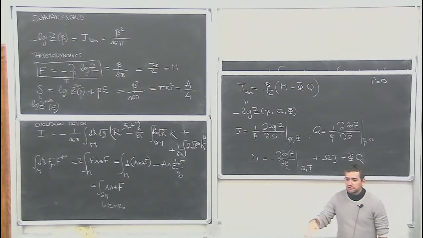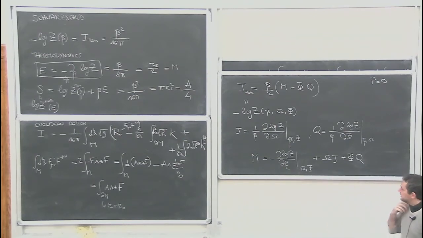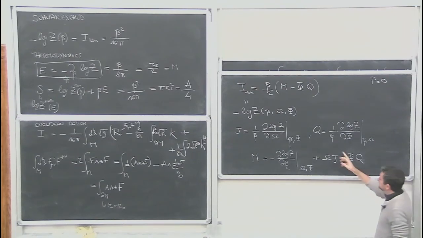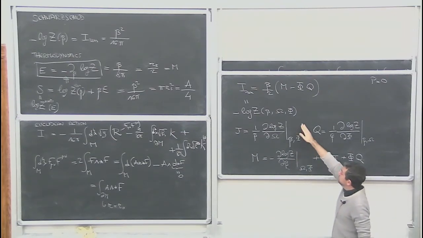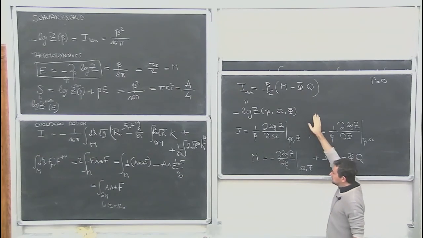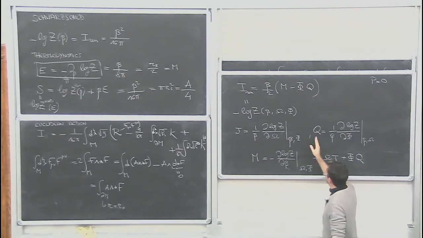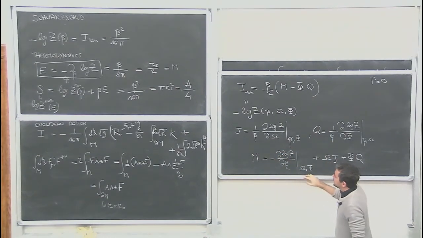In the notes, I have added a small appendix with the very basic statistical mechanical things, and these formulae also are shown there, so that you may get convinced by this. So this is standard thermodynamics in the grand canonical ensemble. And you can check that if you do these variations of this expression here, indeed you get J, Q, and M.